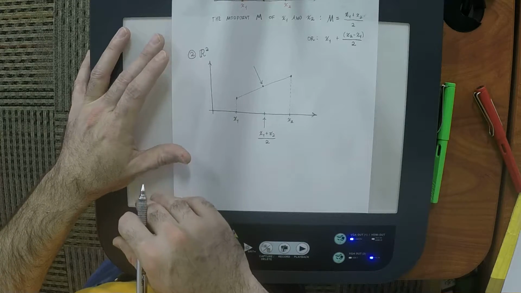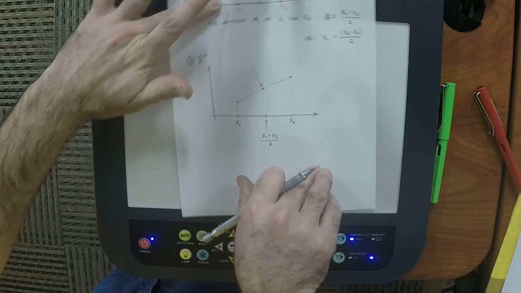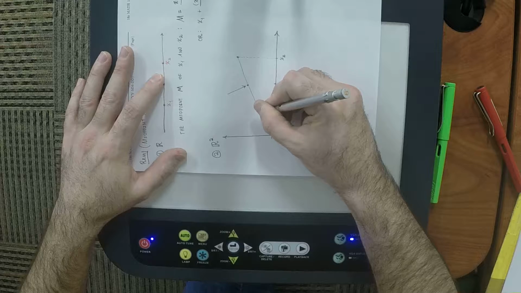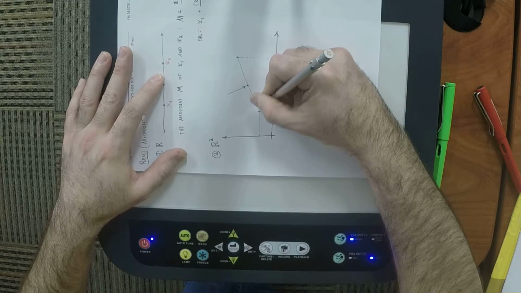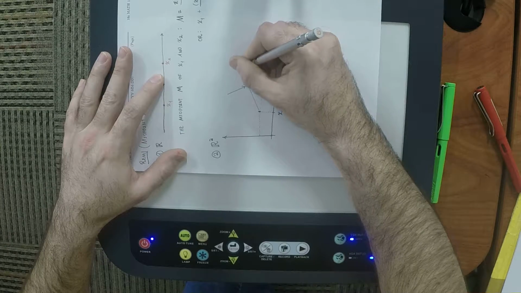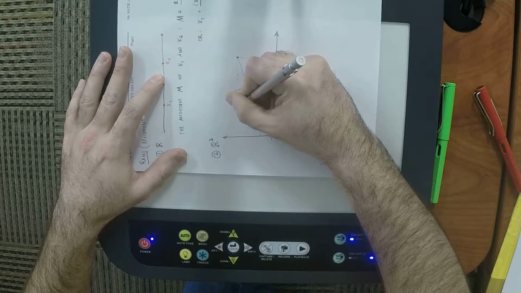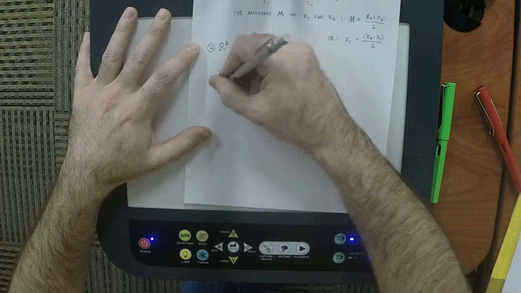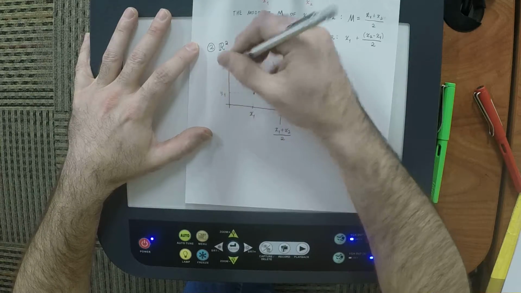Let's solve the vertical problem. So I'll turn the thing sideways because I can't really draw the other way very good. Okay, and suppose that we now make measurements, and this is y1 and y2.